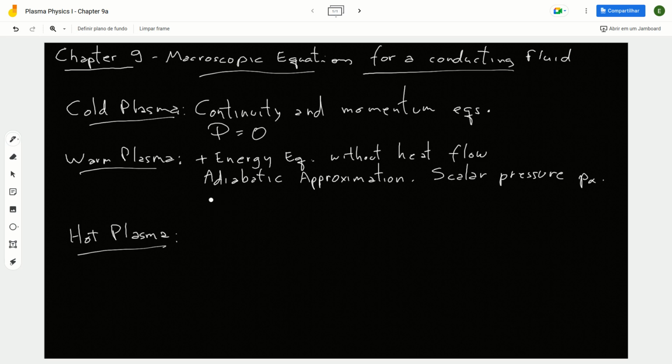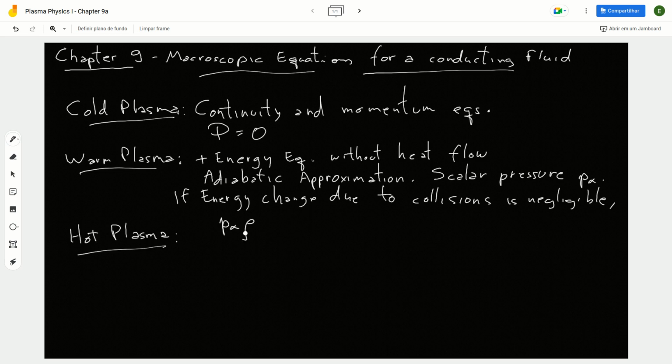So how can I summarize this? Let's just say if energy change due to collisions is negligible, then you get this equation for pressure. This is the mass density of alpha particle to the power of minus gamma, and this is constant.